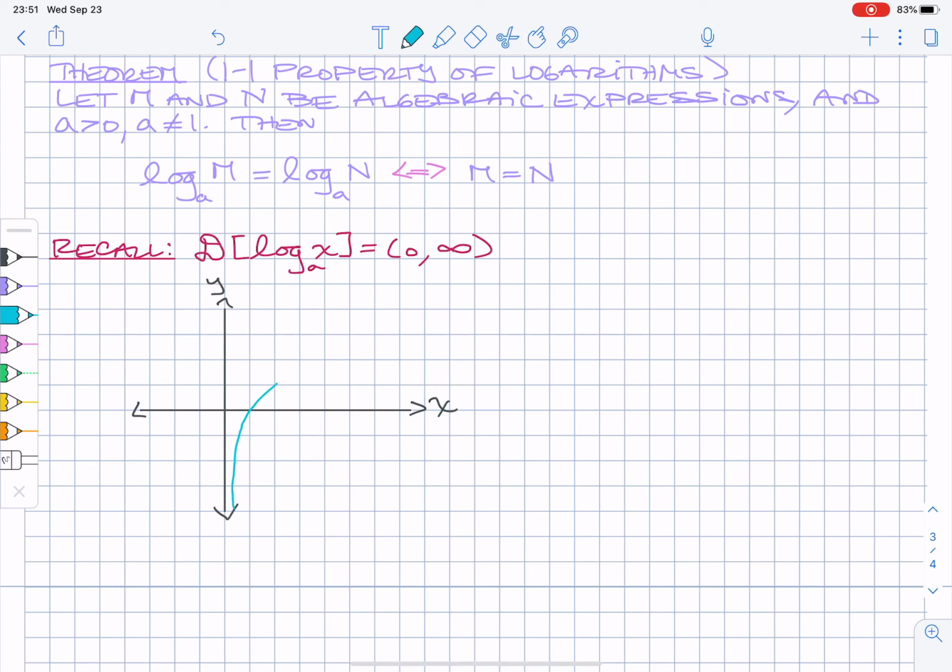Okay, so we have natural log of 21 is equal to natural log of x plus natural log of, let's do orange, quantity x minus 4.